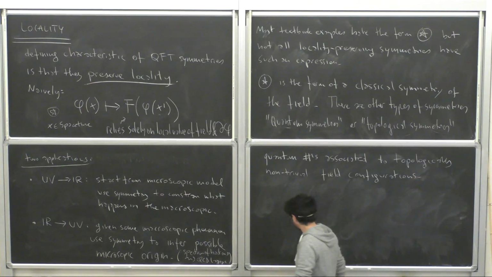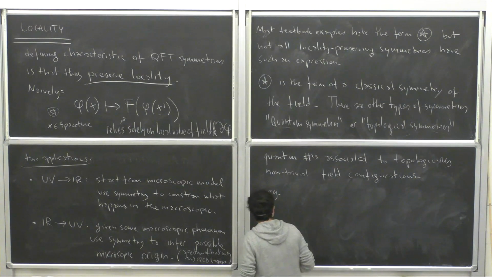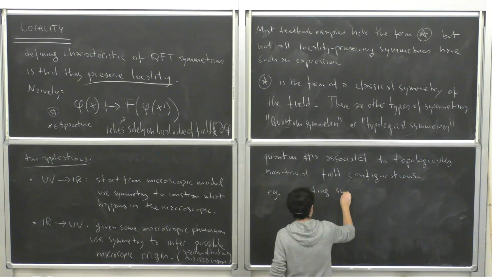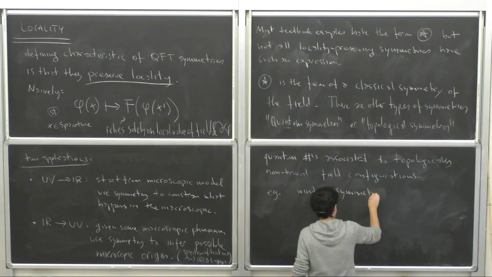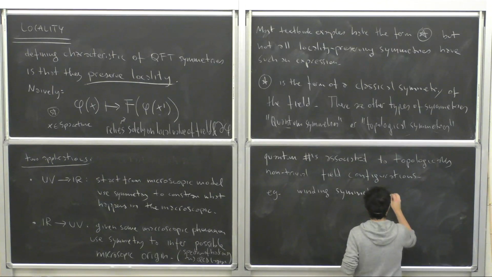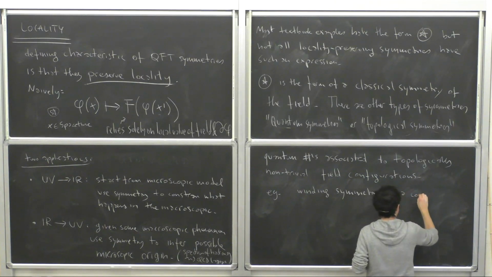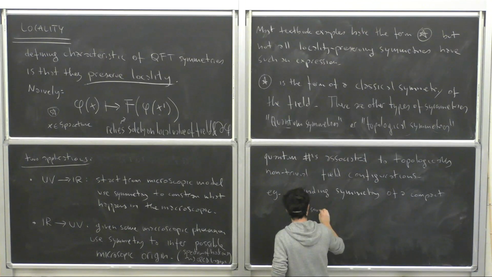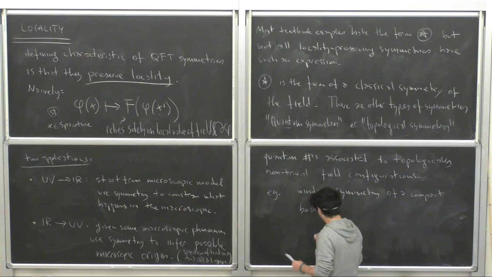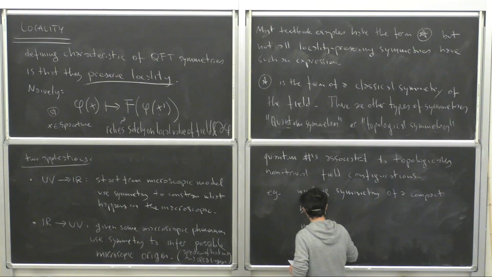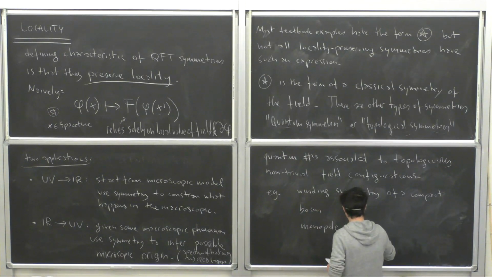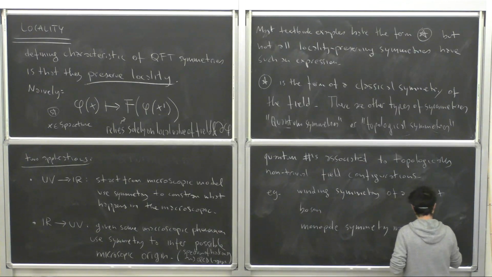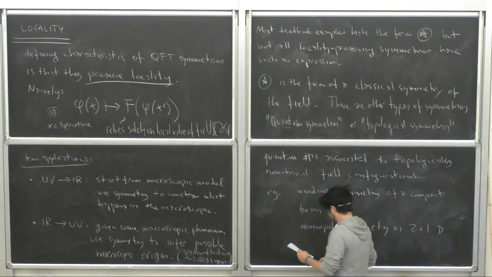For example, you can think about the winding symmetry of a compact boson, or you can think about the monopole symmetry in 2+1 dimensional abelian gauge theories.